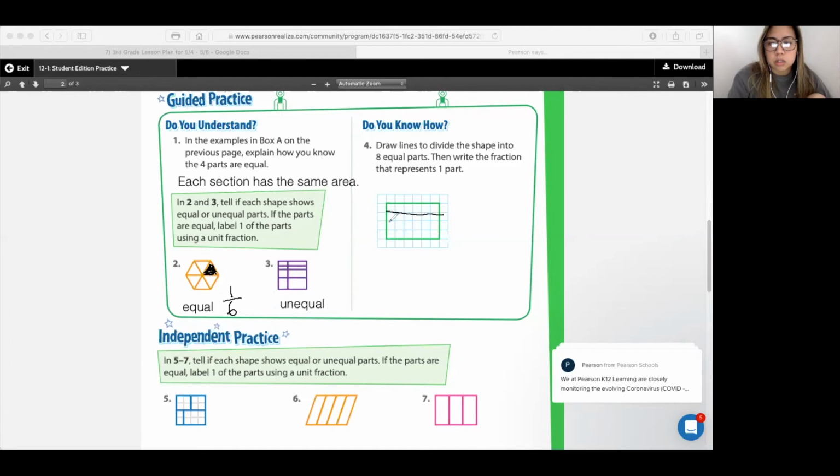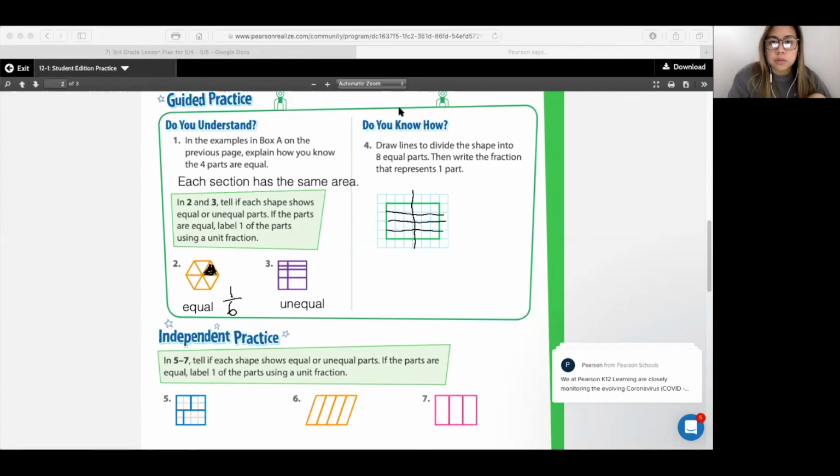What if we go across? 1, 2, 3. So what we made? 1, 2, 3, 4. 4 sections. And then what if we cut it into half? How many equal parts do we have now? We have 1, 2, 3, 4, 5, 6, 7, 8. Okay, there we go. That's what we wanted. And each equal part comes with 1, 2, 3 boxes. So they're all equal.